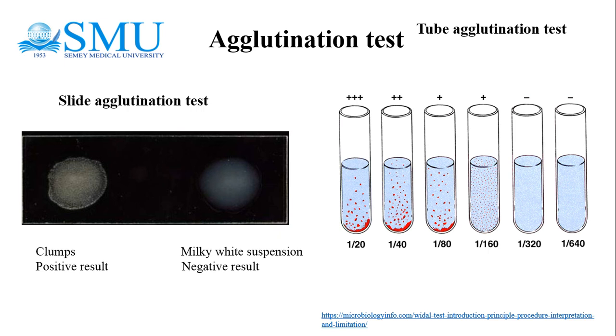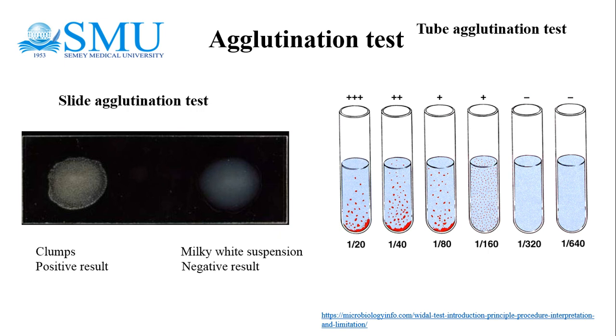Agglutination is more sensitive than the precipitation test, and the clumps are better visualized and interpreted than bands or flocculus. Hence, agglutination tests are widely used even in today's modern era of diagnosis.